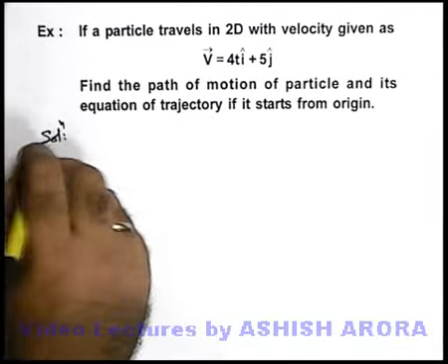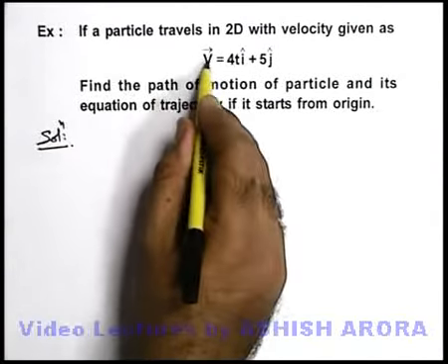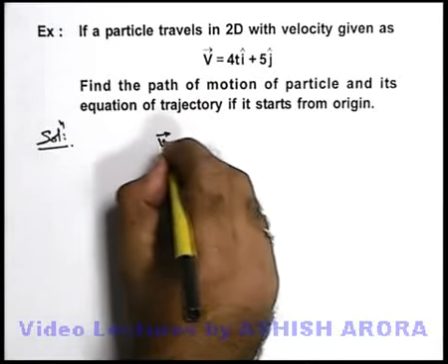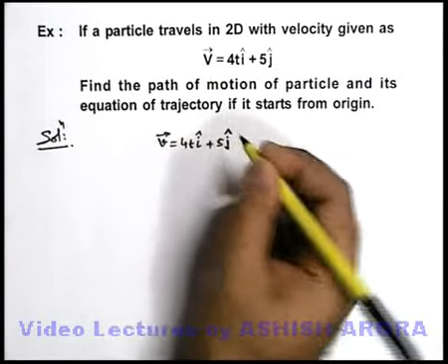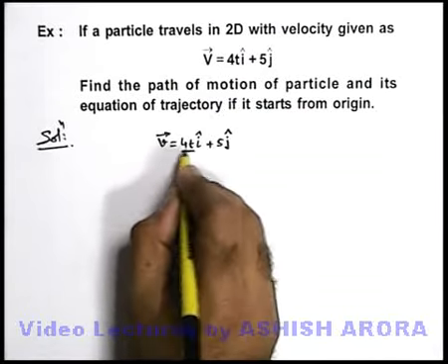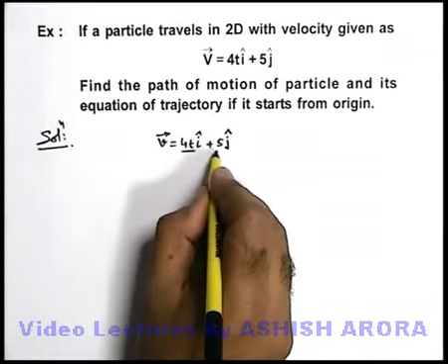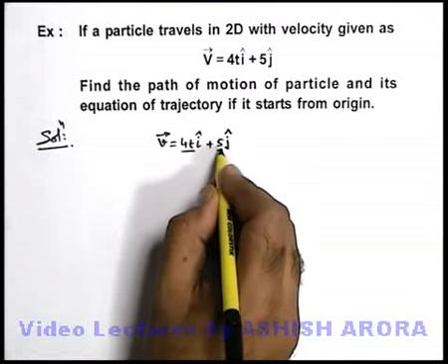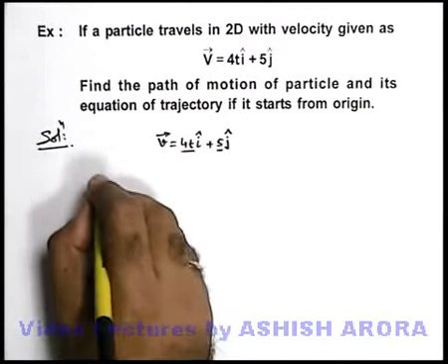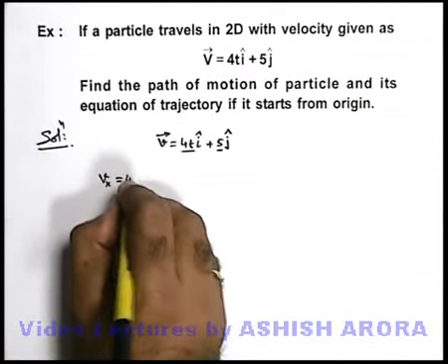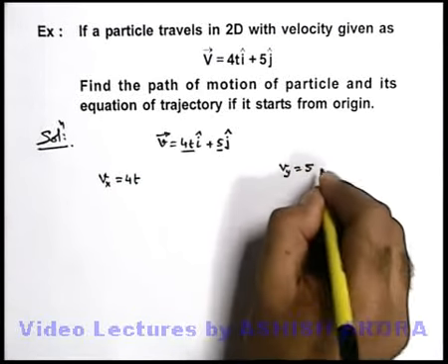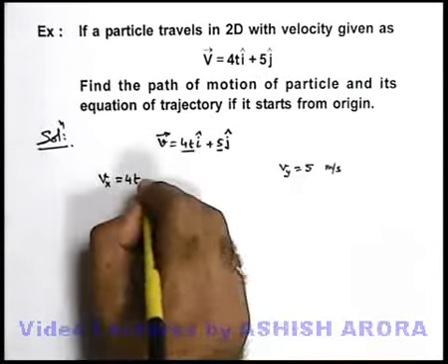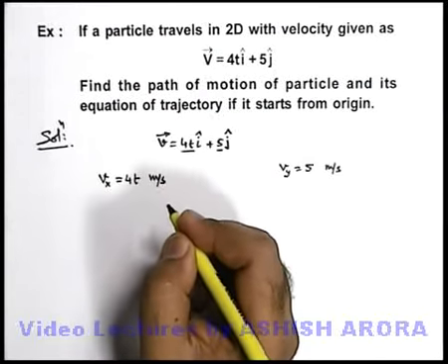Here we can simply analyze that the velocity vector of the particle is 4t i cap plus 5 j cap. So 4t is the x component of the velocity of the particle and 5 is the y component. So we can write velocity in the x direction is 4t and velocity in the y direction is 5. We can also put units, say these are meters per second.